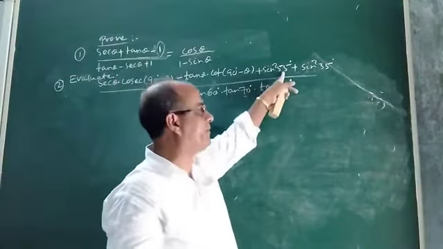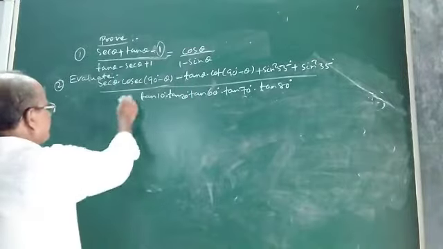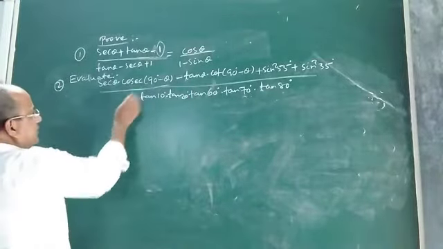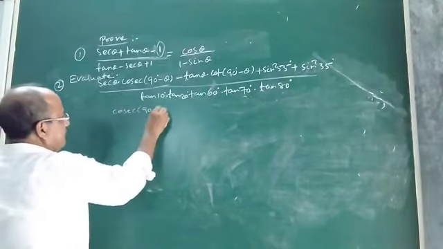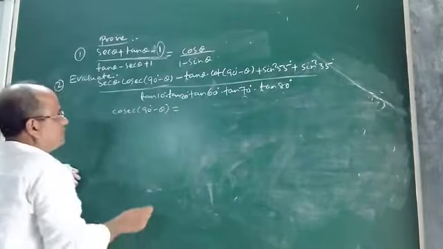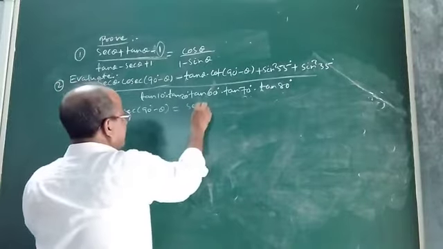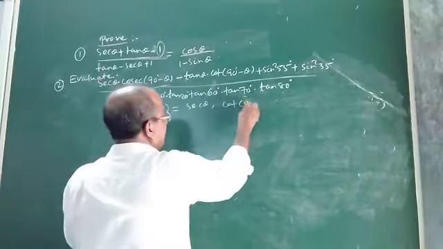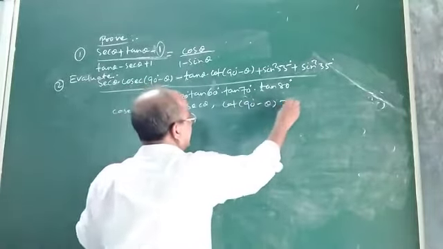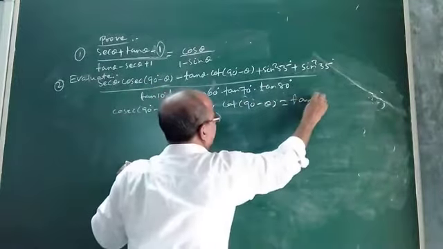So in order to evaluate this, first you find cosec 90 minus theta, which will be sec theta. Then cot 90 minus theta will be tan theta.